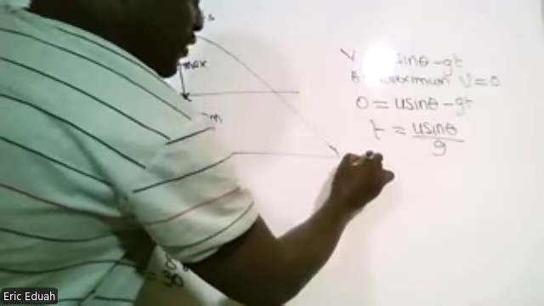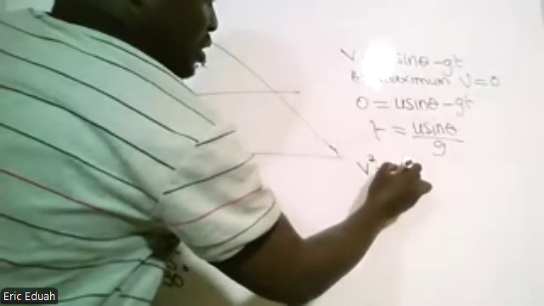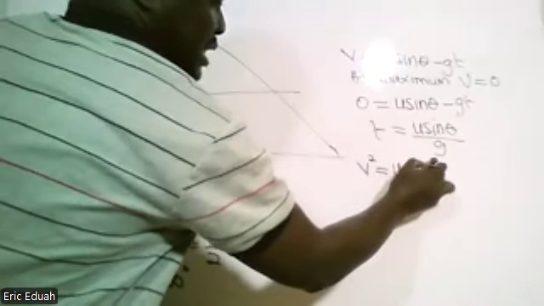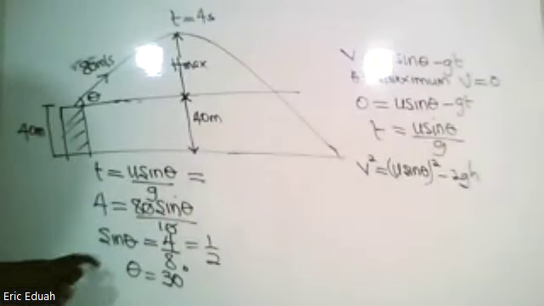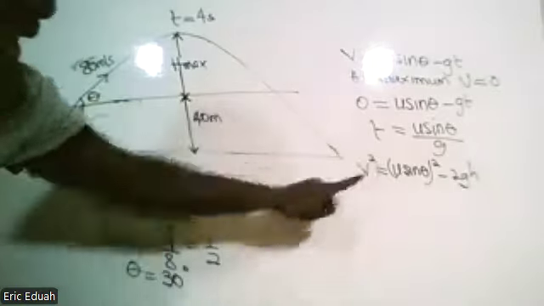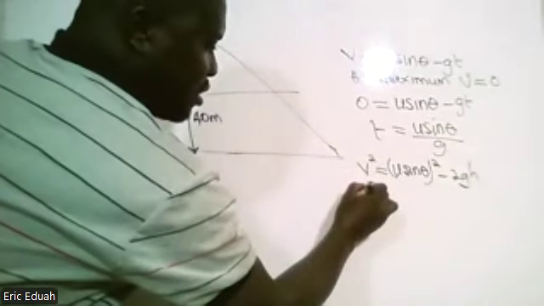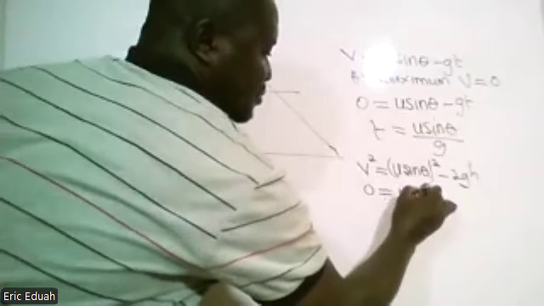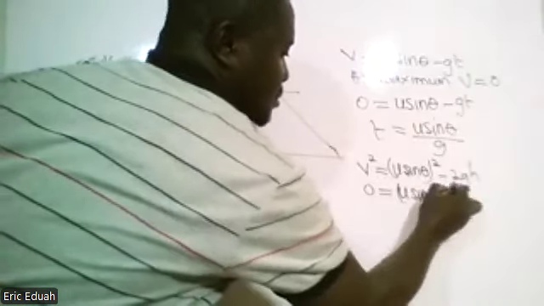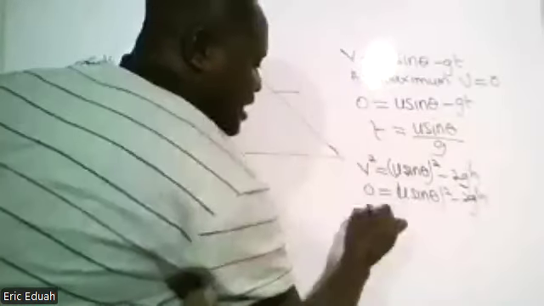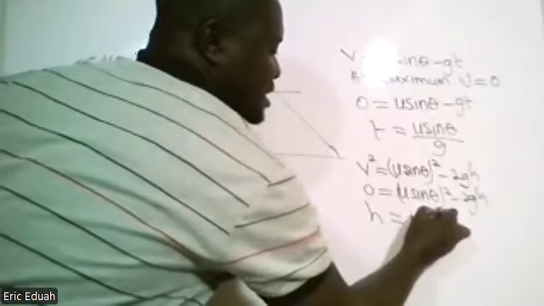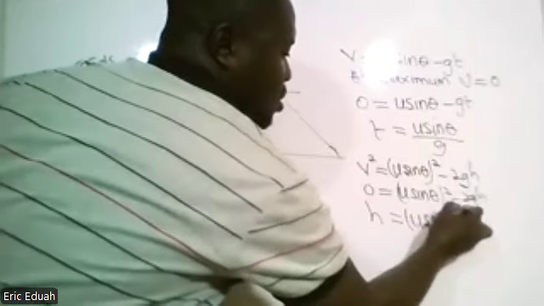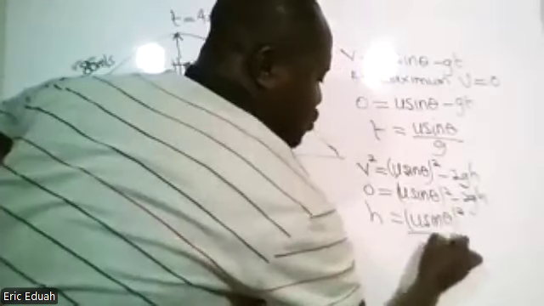But especially for the maximum height, using v squared is equal to u sine theta squared minus 2gh. You can find this expression. At the maximum height, v is 0. So if v is 0, v squared, 0 squared, is 0. Then we make h the subject. H will be equal to u sine theta all squared over 2g.